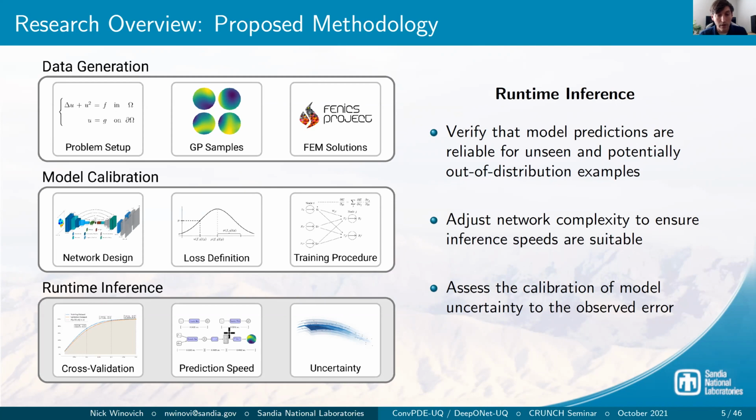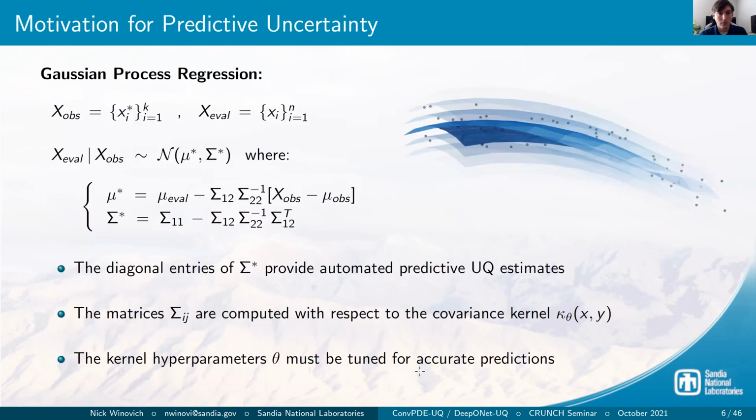So the advantage of the offline training is that when we are performing inference, the task only requires one forward pass of the network in general, although we'll talk about that more in detail. There's no training required, so it's typically much faster than some of the other approaches, the non-operator approaches. And then finally, we want to assess or have some confidence in the uncertainty predictions that our model produces.